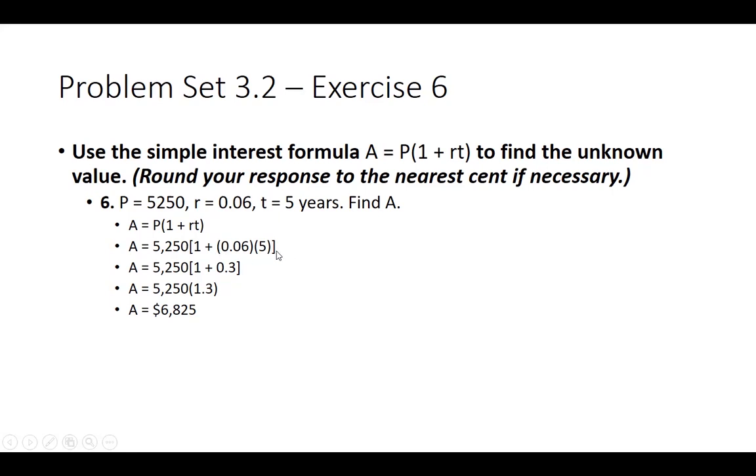Plug in what we know. To calculate, we start with the innermost parentheses. Multiplication first. 0.06 times 5 becomes 0.3. 1 plus 0.3 becomes 1.3. And 5,250 times 1.3 gives us A as 6,825.